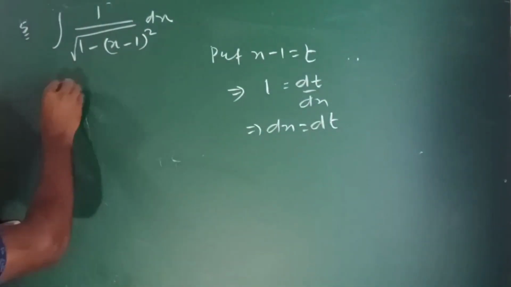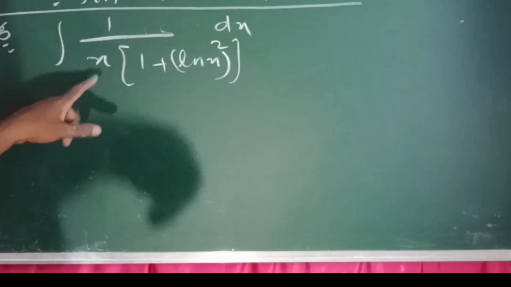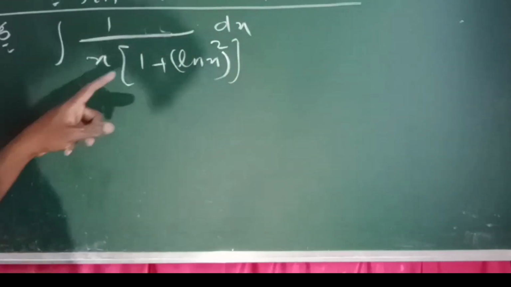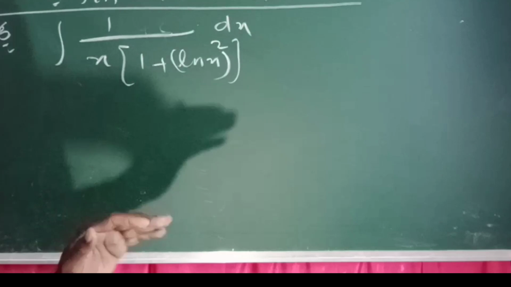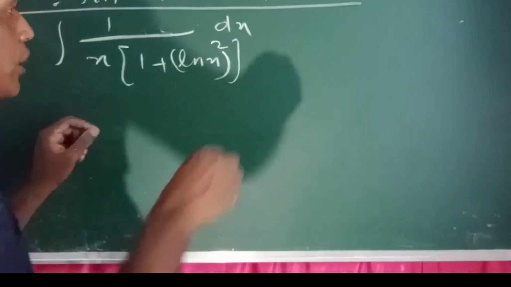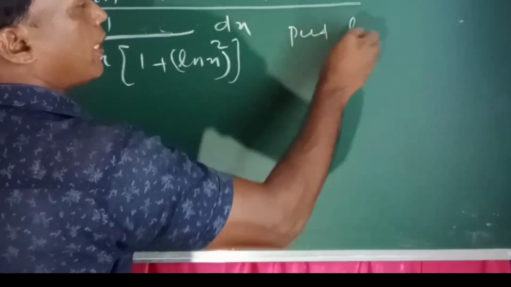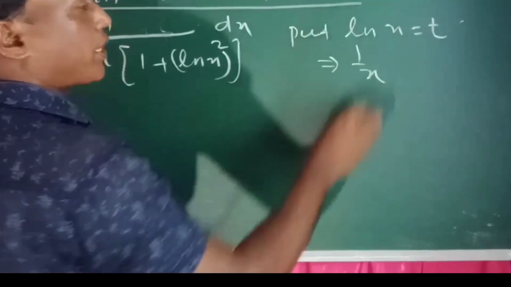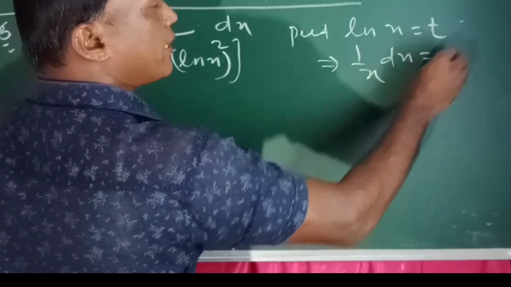And substitute here. Another question is integration of 1 by x upon 1 plus square of ln x dx. So this is actually 1 plus x square, but x is replaced by ln x. So we can substitute ln x is equal to t. Differentiating both sides, derivative of ln x is 1 by x into dx is equal to dt.